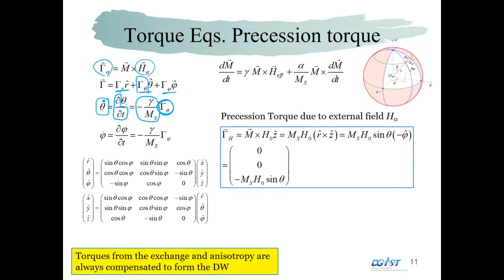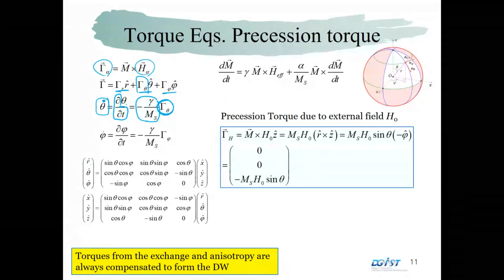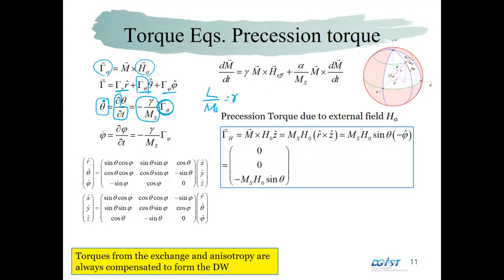If you think about the magnetic moment and the angular momentum, they have a relation. Sorry, the ratio of the magnetic moment over the angular momentum is given by gamma.